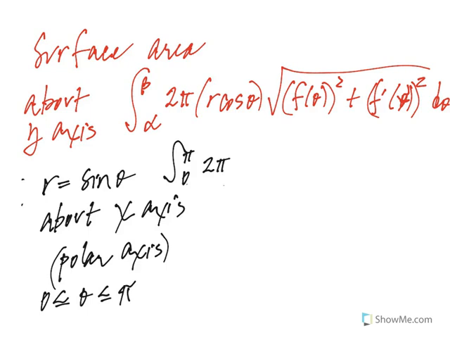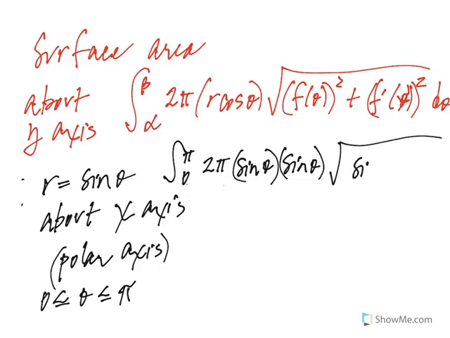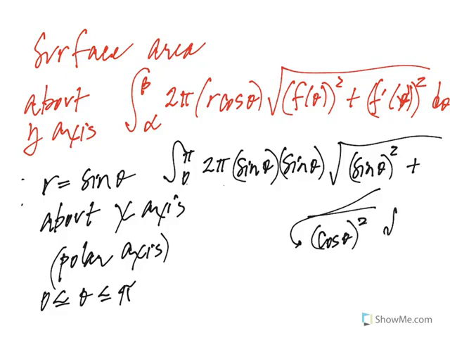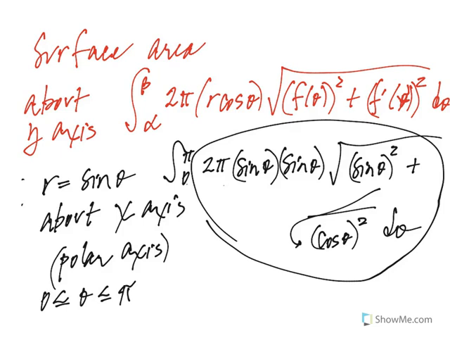That is r sine theta. My r is the sine of theta. I multiply that by the sine of theta. This will be then times the square root of sine of theta squared, plus the cosine of theta squared, d theta.